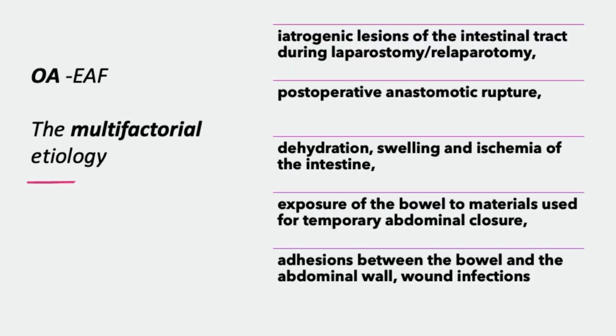Multifactorial etiology of enteroatmospheric fistula (EAF) in the context of an open abdomen (OA). Several contributing factors include iatrogenic lesions caused during laparotomy or relaparotomy procedures, postoperative anastomotic rupture leading to leakage and fistula formation, dehydration, swelling, and ischemia of the intestine which compromise tissue integrity, exposure of the bowel to materials used for temporary abdominal closure, increasing the risk of damage and infection, adhesions between the bowel and the abdominal wall, along with wound infections, further complicate the condition.